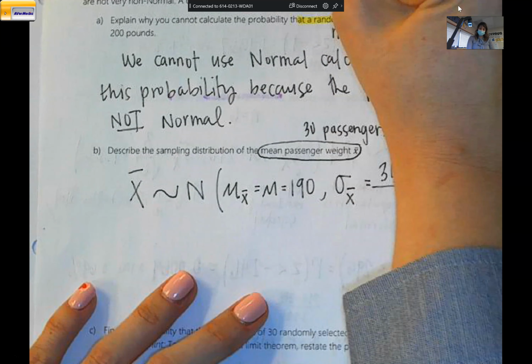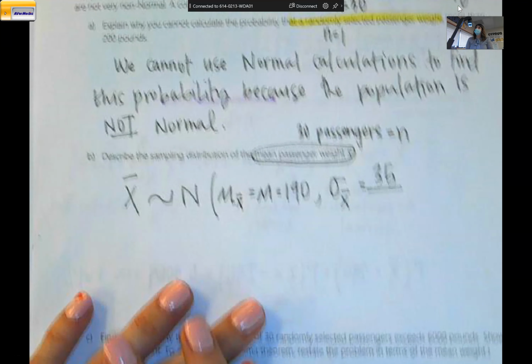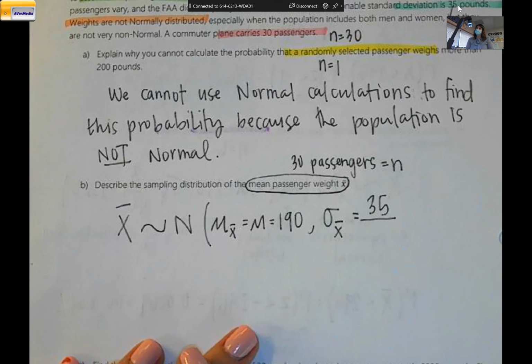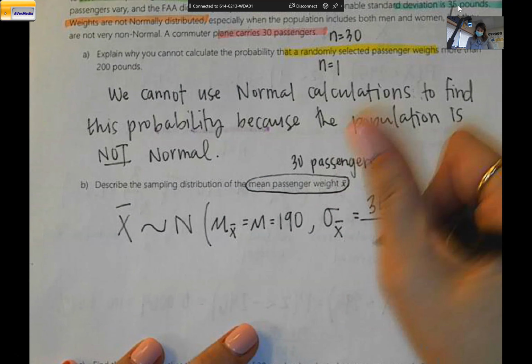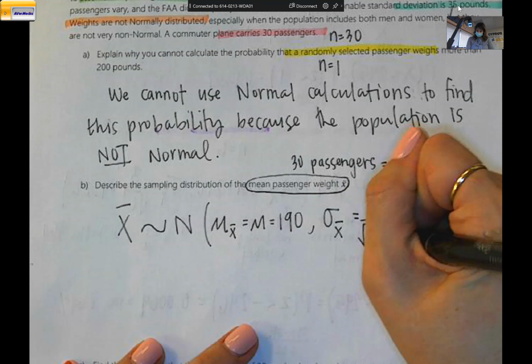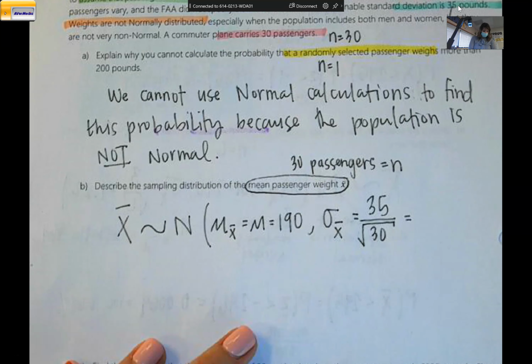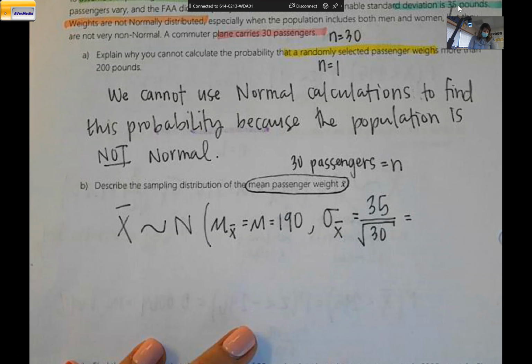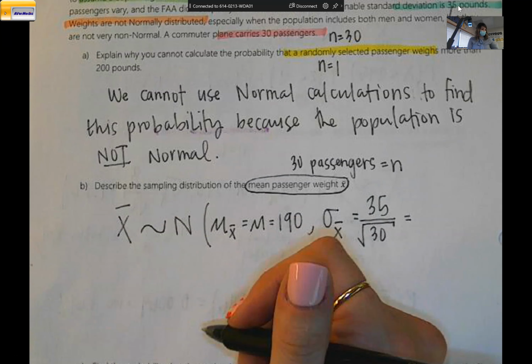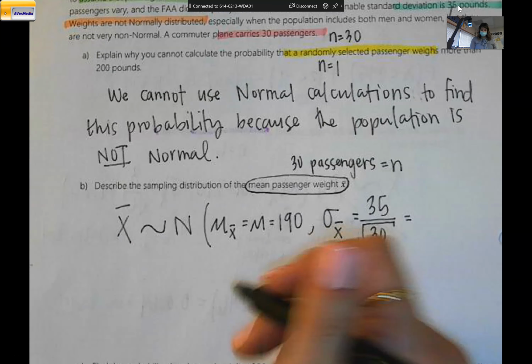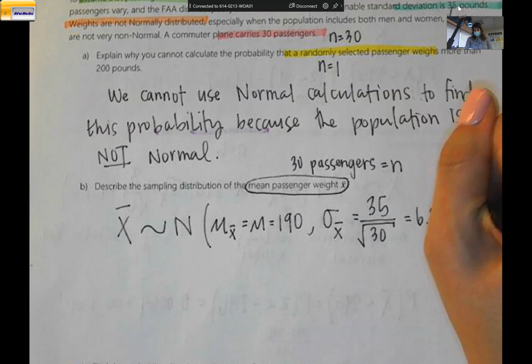So this was n. 35 divided by root n. I'm getting 6.39. Can anybody second that?